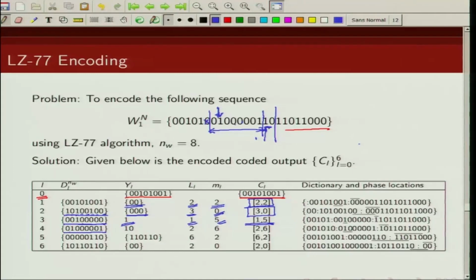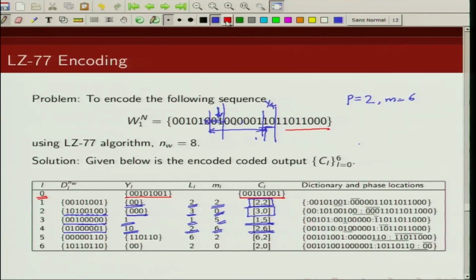So this new string y4 is 10, of length 2, and the match is occurring at this location, which corresponds to p equal to 2. So then m is equal to 6. That's this. We'll add these two symbols to my dictionary and remove these two symbols.